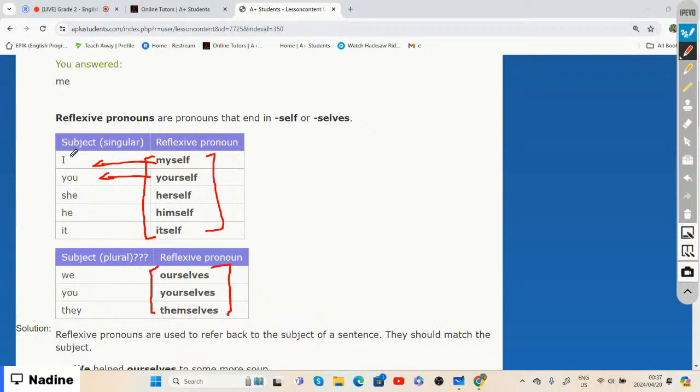Myself needs to refer back to I. Yourself needs to refer back to you. Herself needs to refer back to she. Himself needs to refer back to he. Itself refers back to it. That is how we use the reflexive pronoun within the sentence. If it refers to someone else, then it is a personal pronoun.